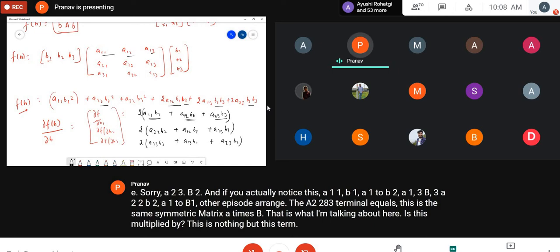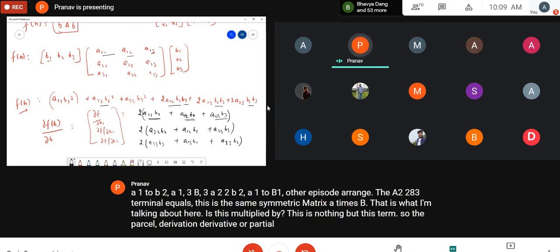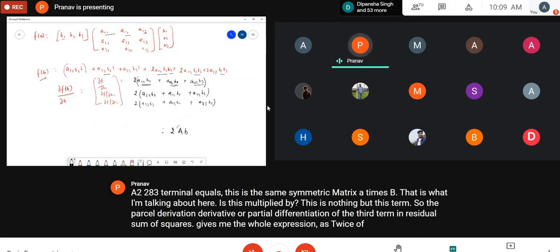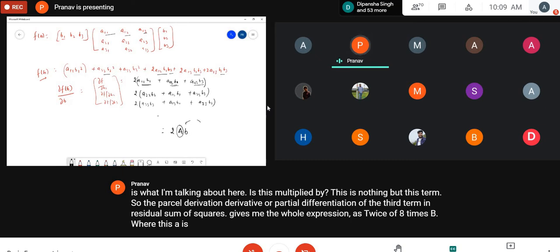So the partial differentiation of the third term in the residual sum of squares gives me the whole expression as twice of a times b, where this a is, if you remember, x transpose x.